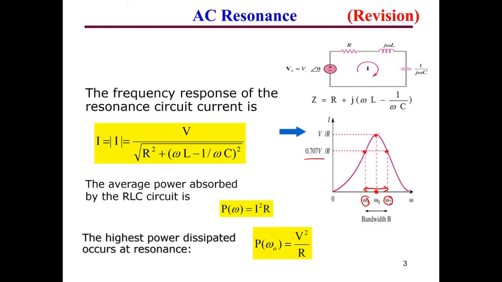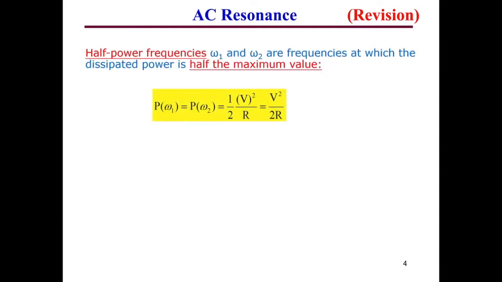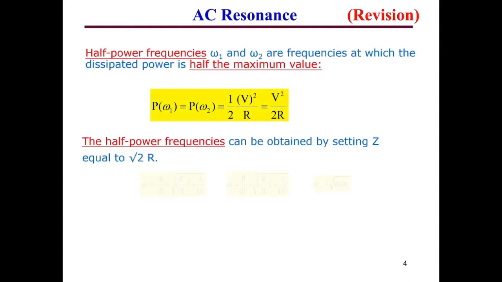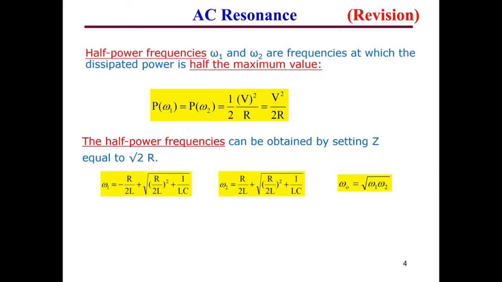The power over here is V squared over R, and over here it will be V squared over 2R. So the power dropped to half of the value, so that's why they call it half power frequency. And those half power frequencies can be obtained by setting Z equal to root 2 times R, because again the current will be equal to V over R divided by root 2.